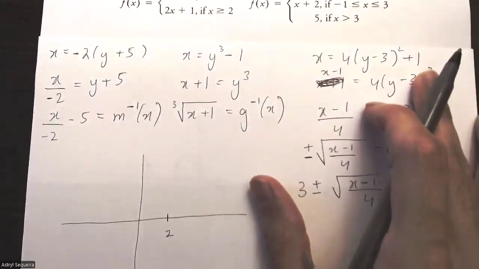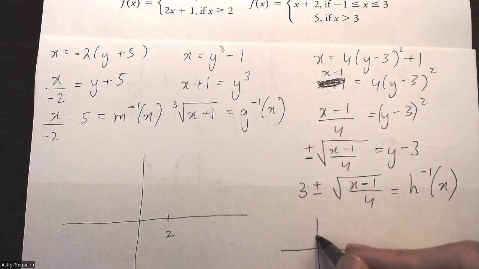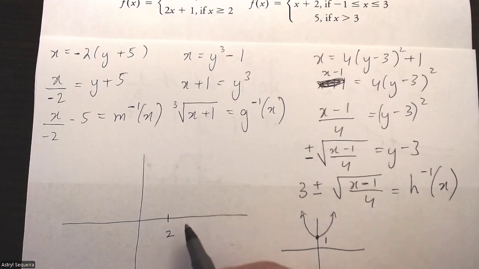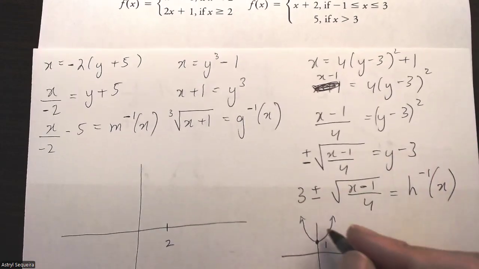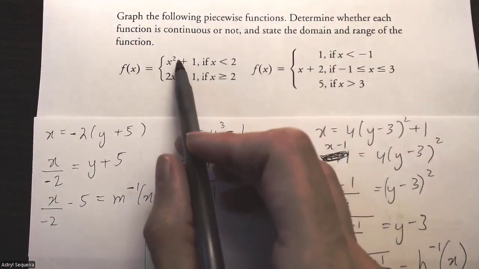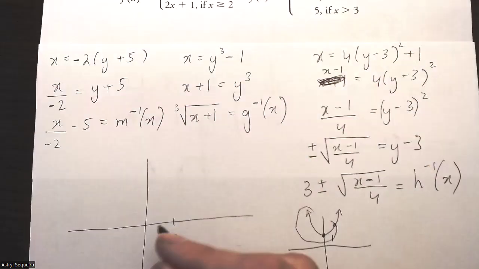So I know x squared plus 1 is just a quadratic function that looks like that. I need to draw just this half of the function over here. If I sub in 2 into this, 2 squared plus 1, that's 4 plus 1, which is 5.